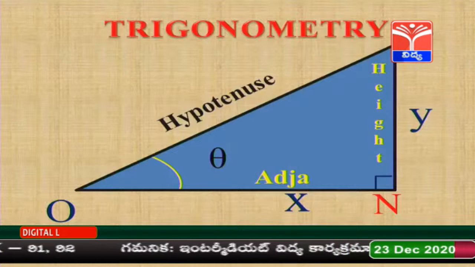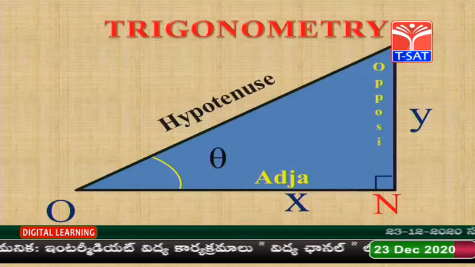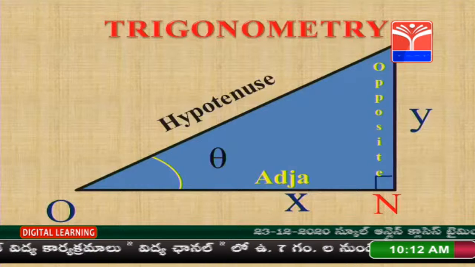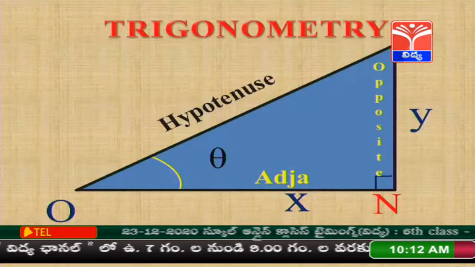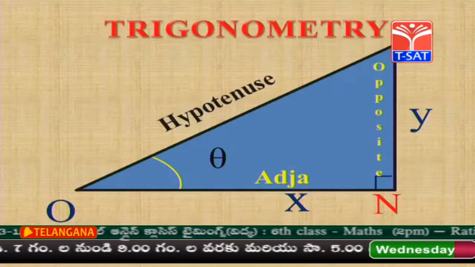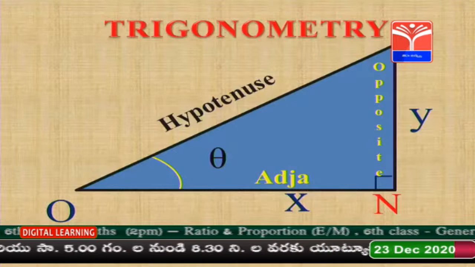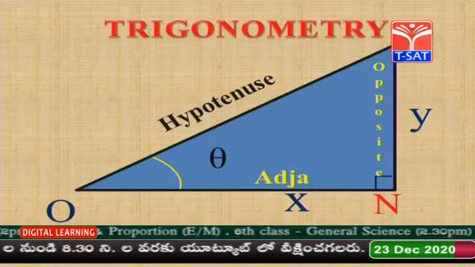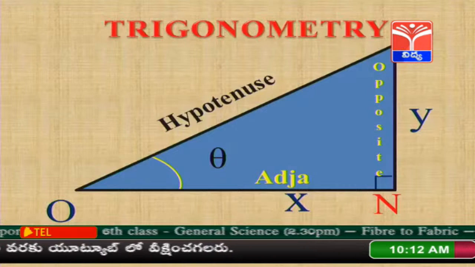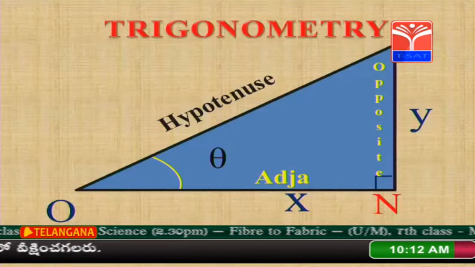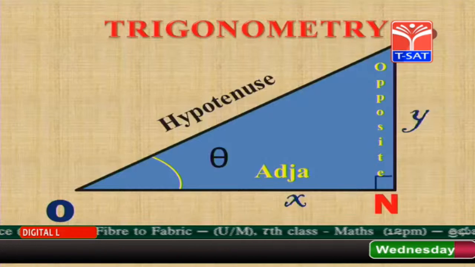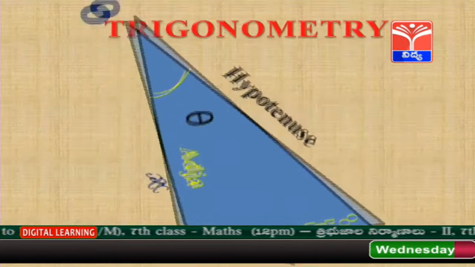So, I will be calling Pn the opposite side to angle theta. So, with this, in a right angle triangle we are able to understand which is adjacent, which is opposite, and which side is the hypotenuse. Are you clear? Now, let us discuss the conditions.